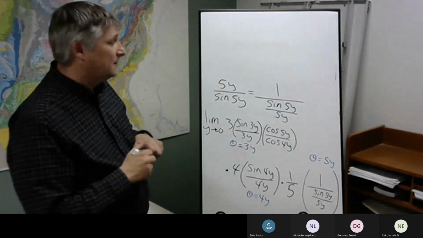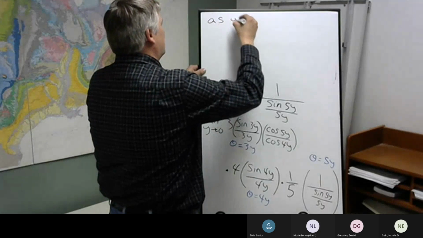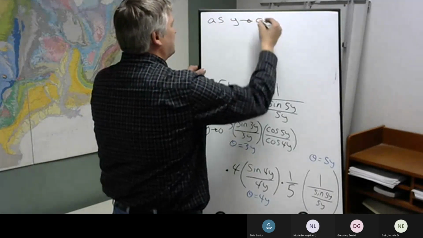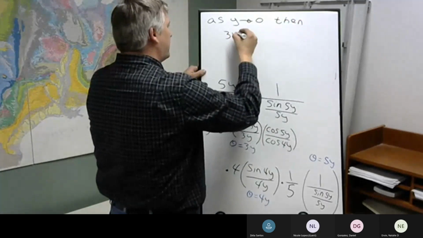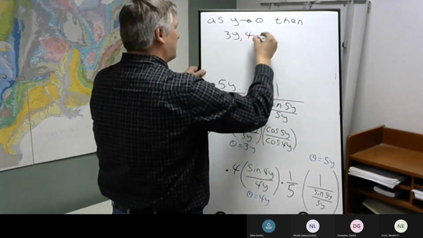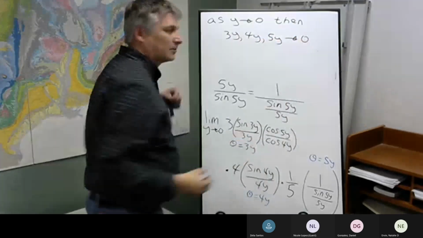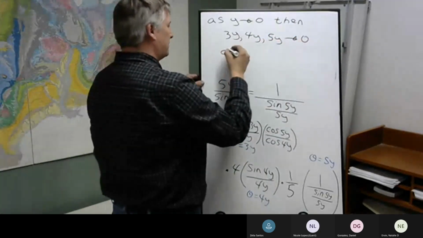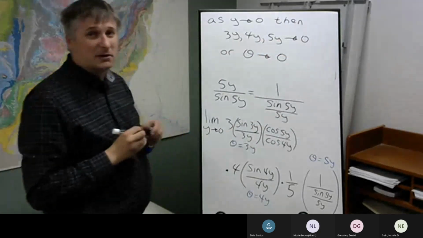And the key thing to see is this. As y goes to 0, then 3y, 4y, 5y go to 0, or theta goes to 0.